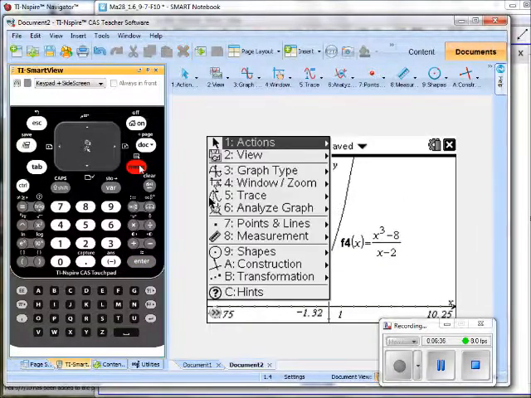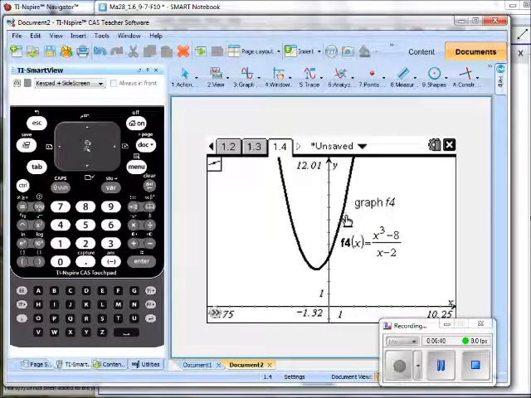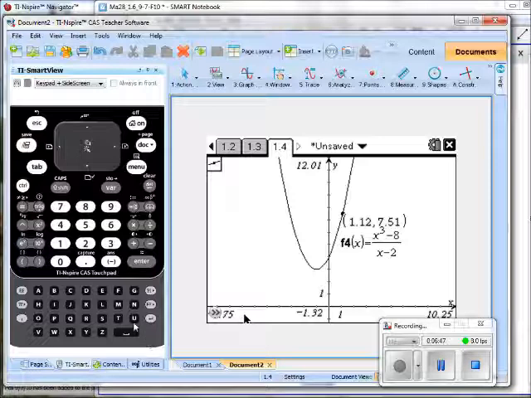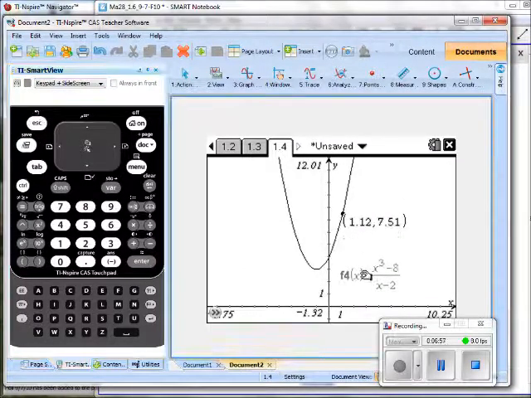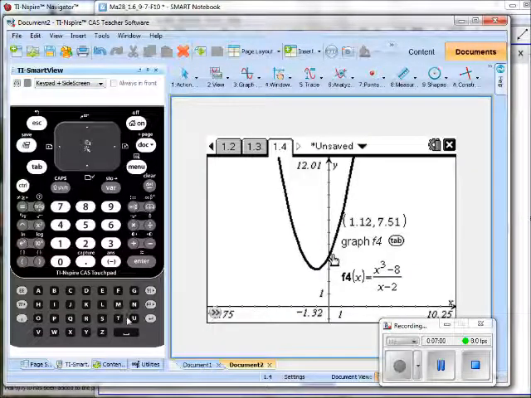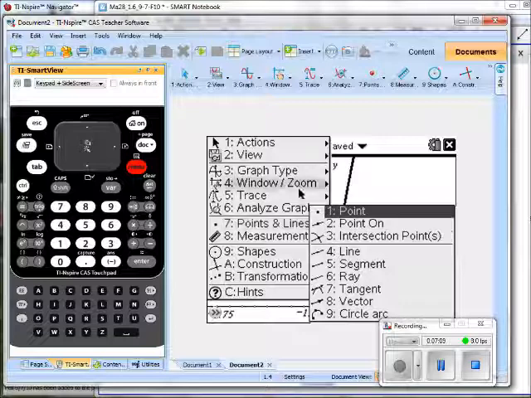I'm going to put a point on somewhere on here. And you know how to do this, right? We're going to change the input value to be what? Take one wild guess. Go to Menu and go to Points and Lines and do a Point On.